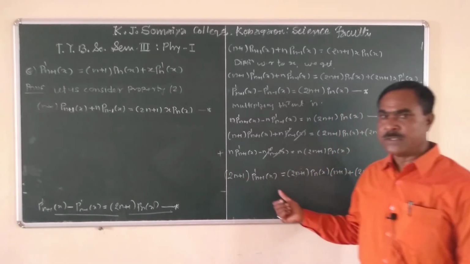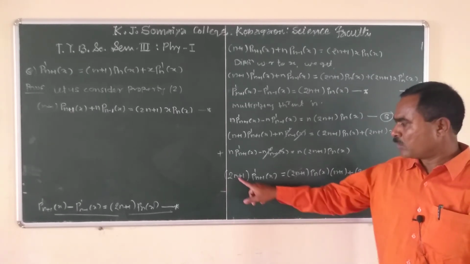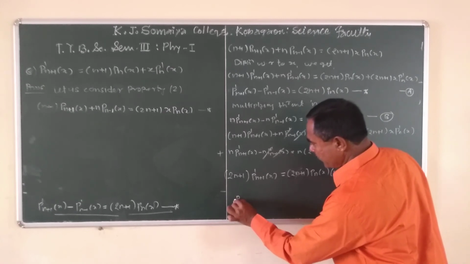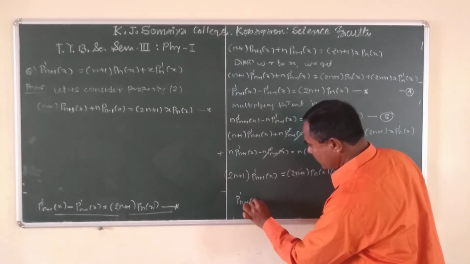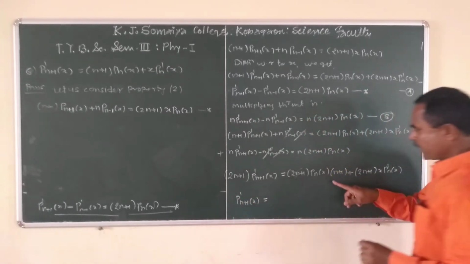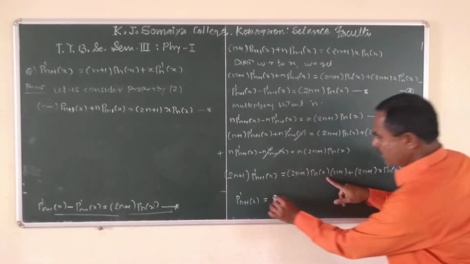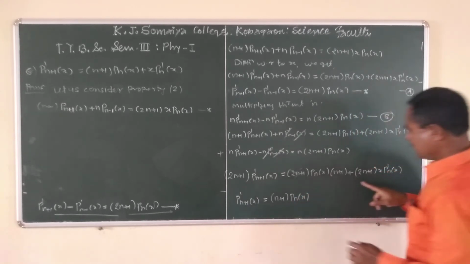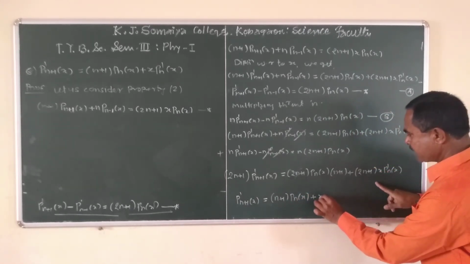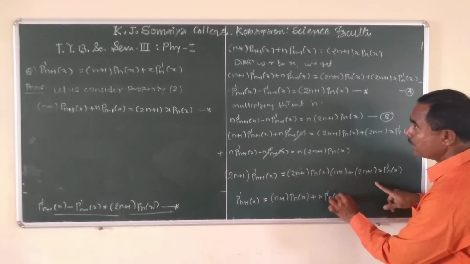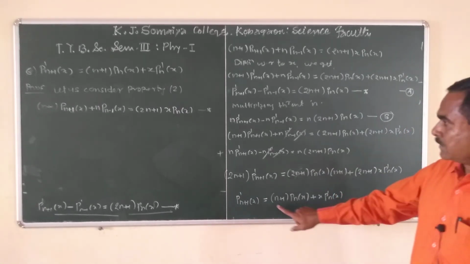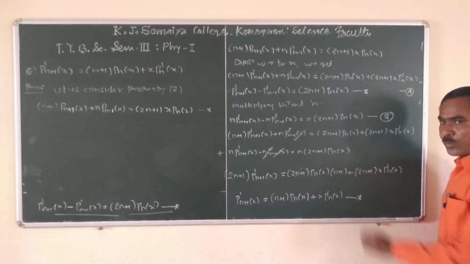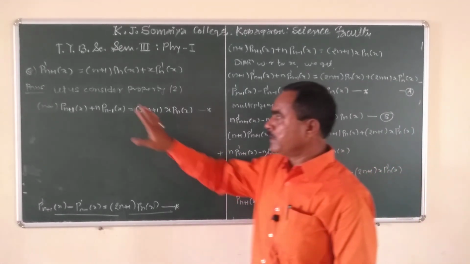To this equation we divide by (2n+1). So the result is P'_{n+1}(x) = (n+1) P_n(x) + x P'_n(x). This and this equation are the same, and hence it is the proof of property 6.